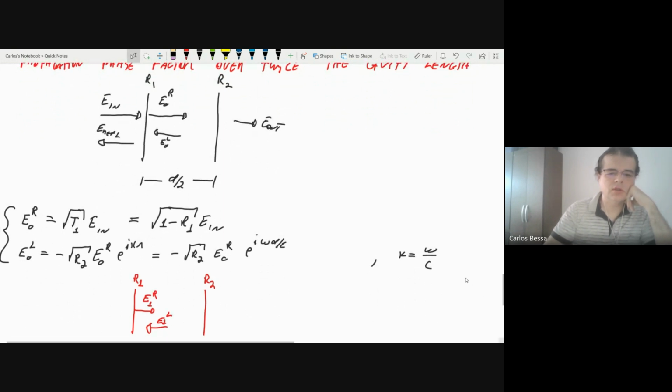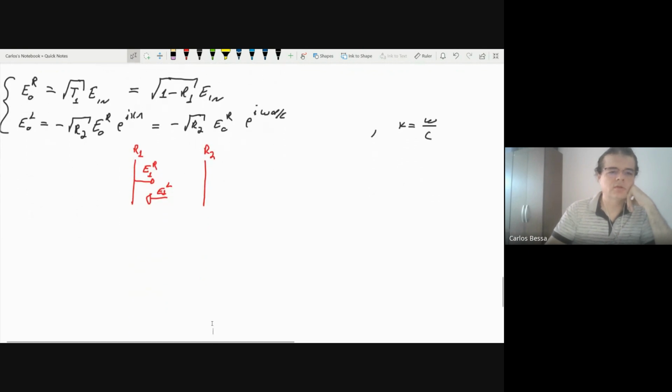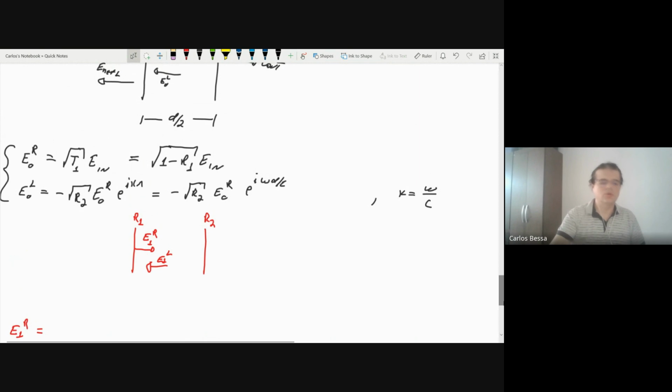And again, we can write in the same way we did here. So E1 right is the part that was reflected. I'd like to show the other view. So it's this part that was reflected here, E0 left.